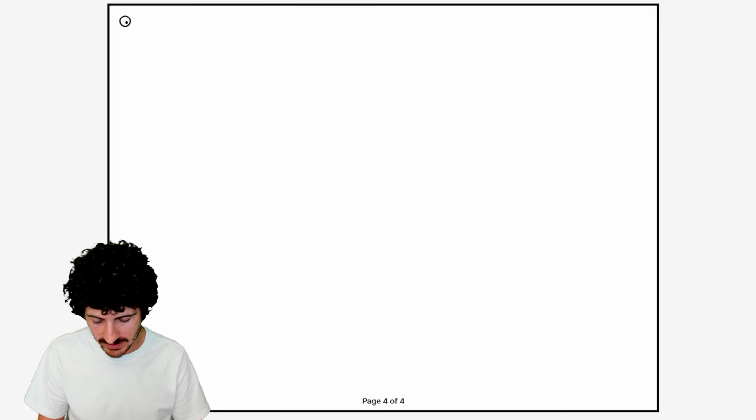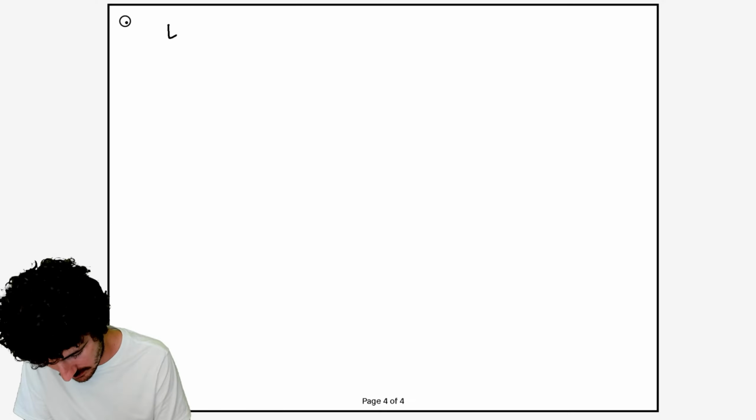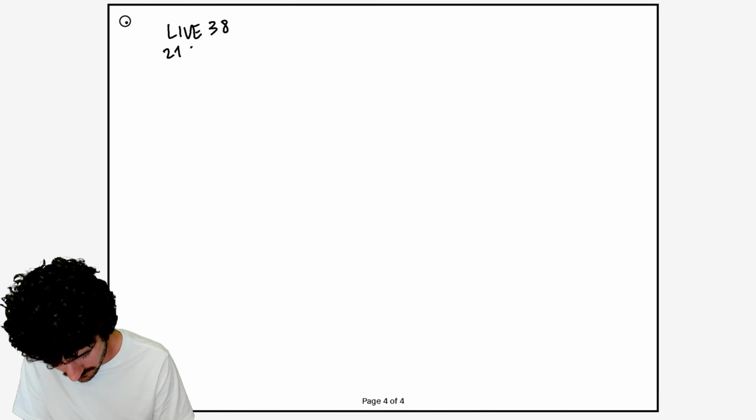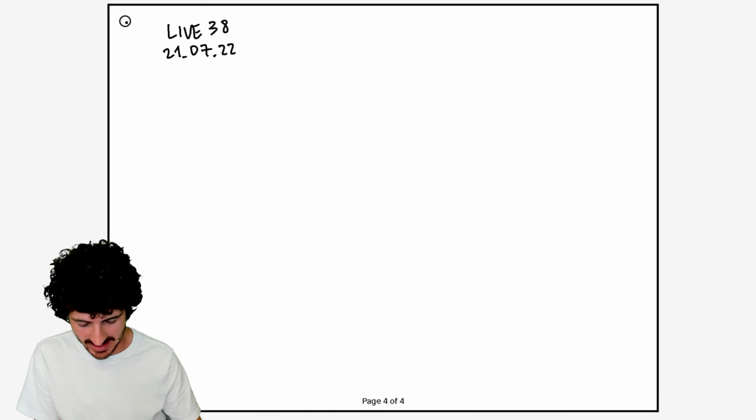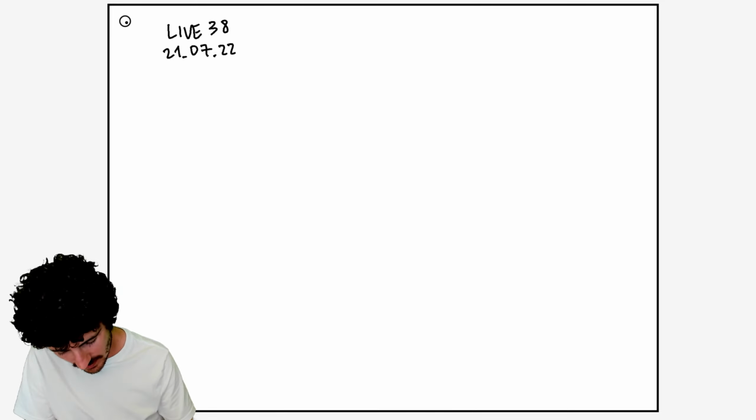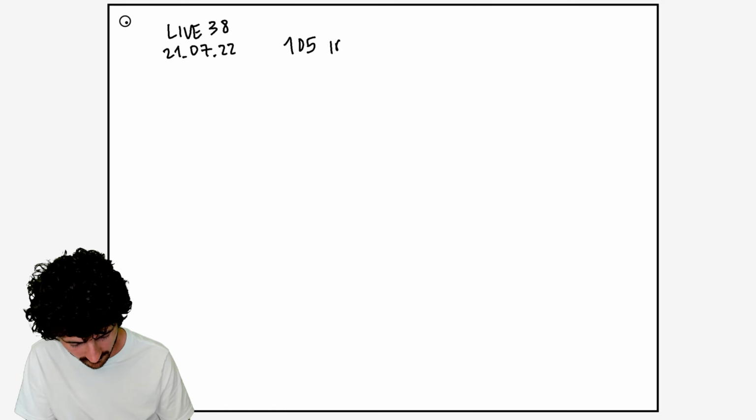So the first thing we're going to do is take a look. So this is again live 38. Maybe we don't need to write the date all the time. And we have a set of 105 images.